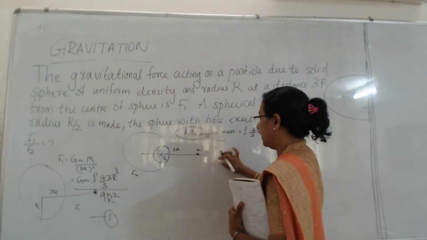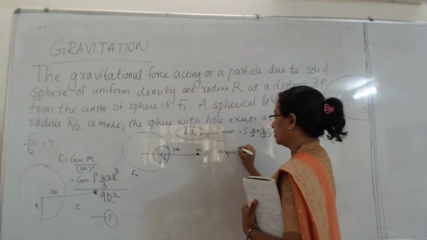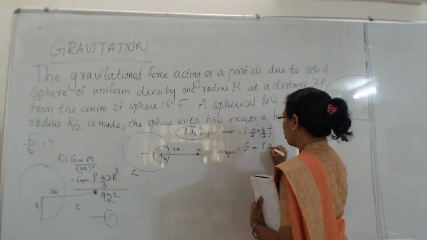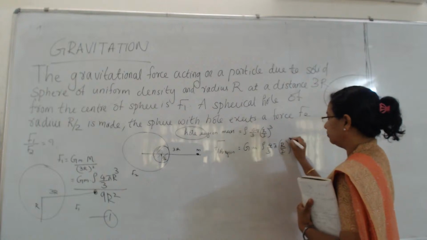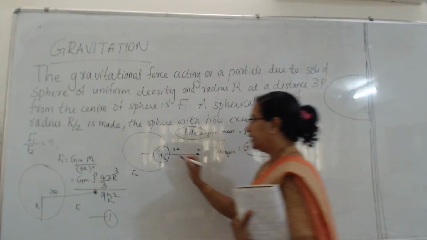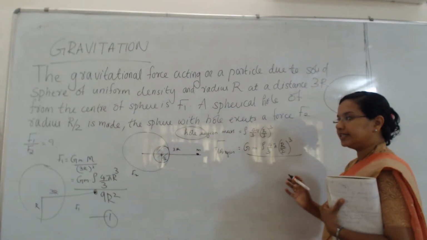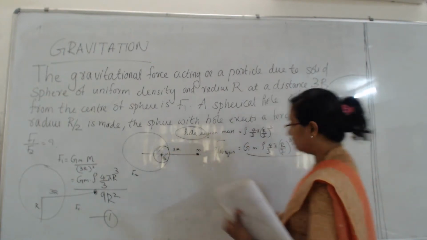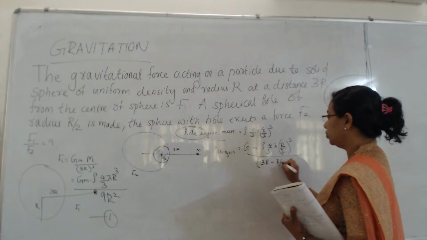That is G m into rho 4 by 3 pi into r by 2 the whole cubed divided by, can you tell the distance? We need the distance from this point to the center. The total distance we know is r, so this particle distance we can write as 3r minus r by 2.